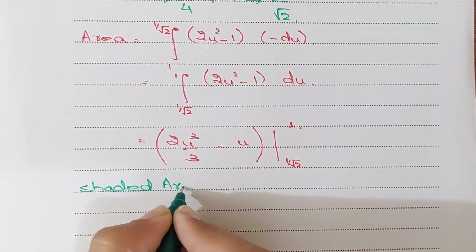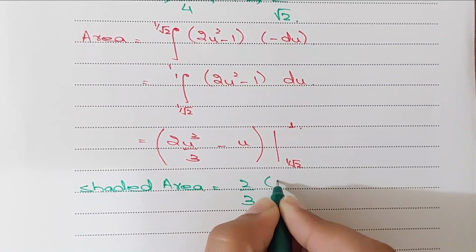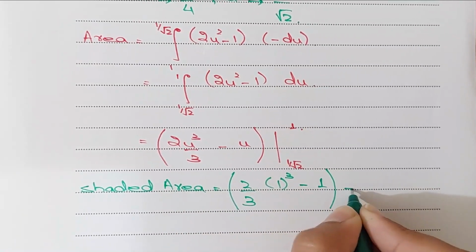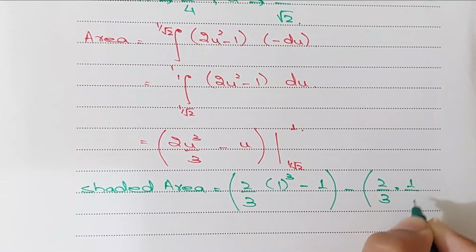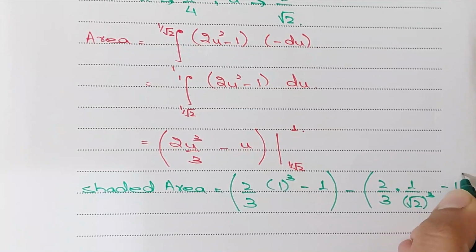Now let me substitute the upper and lower limits to get the shaded area. The shaded area is 2 by 3 times 1 cube minus 1, for the upper limit, subtract the lower limit, 2 by 3 times the cube of 1 over square root of 2, whole cube, minus 1.